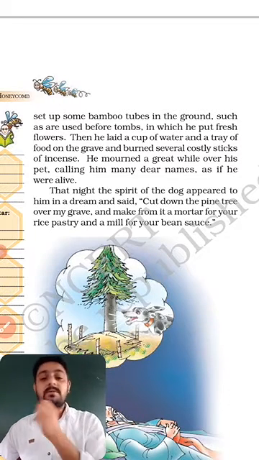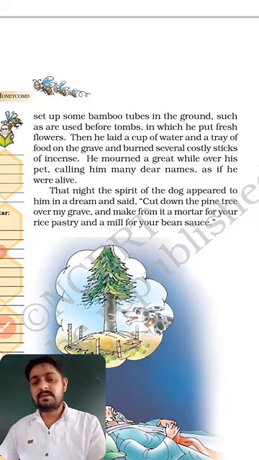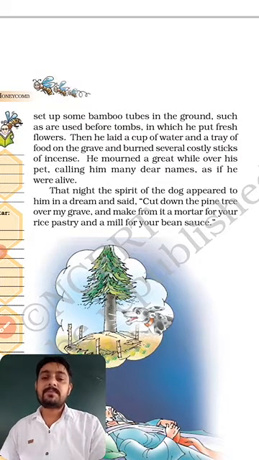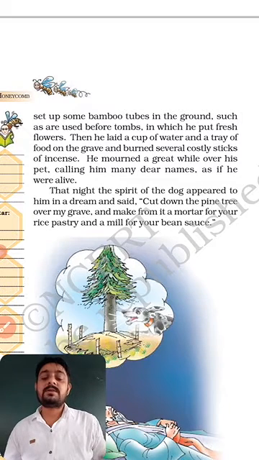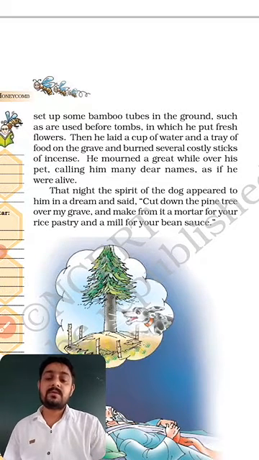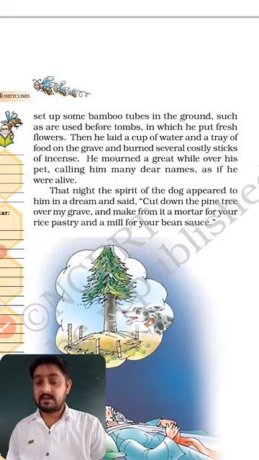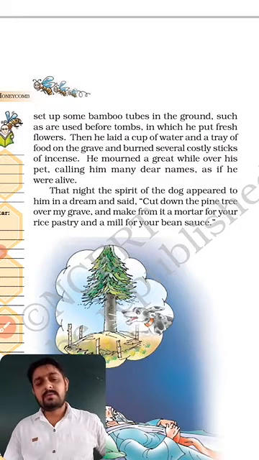When he heard about the death of his dear dog, he burned several costly sticks. Costly sticks means agarbattis. Then he called him by so many dear names that he used to call him at home, and he was very sad.